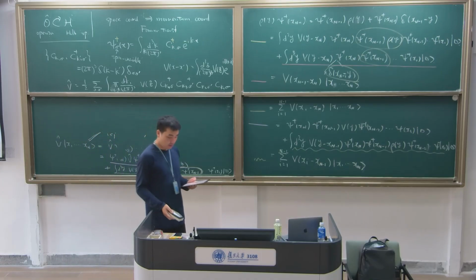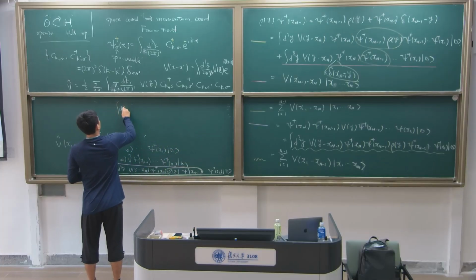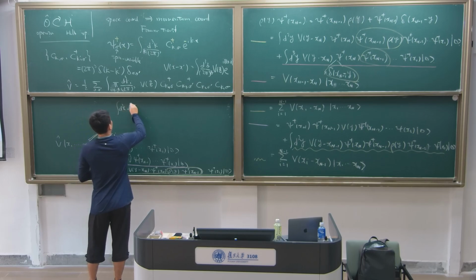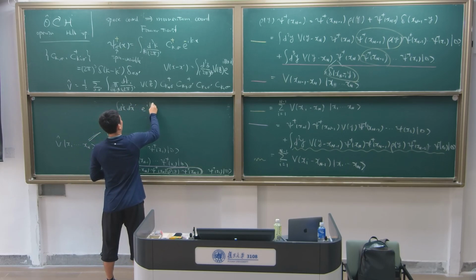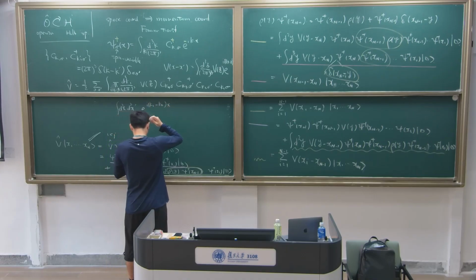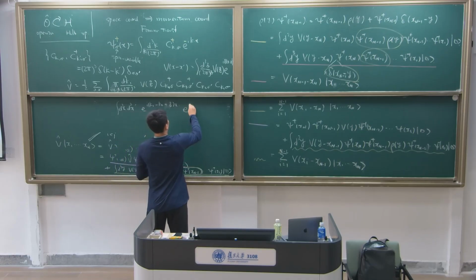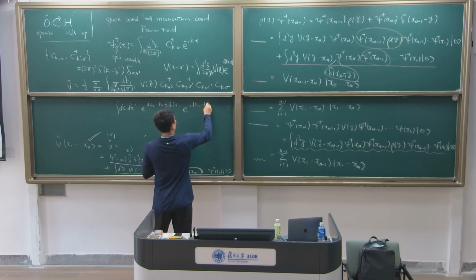Alright. So that means something. In fact, this one is the integral of d^3x, d^3x prime, and then e to the i (k1 minus k4 plus q) of x, and e to the i (k2 minus k3 plus q) of x.